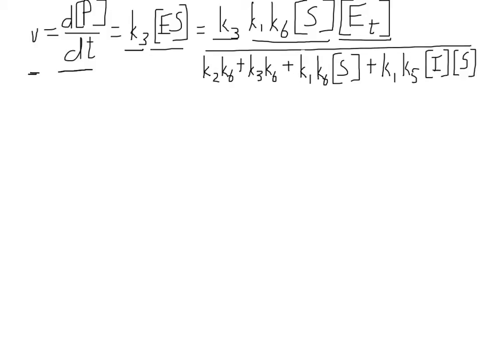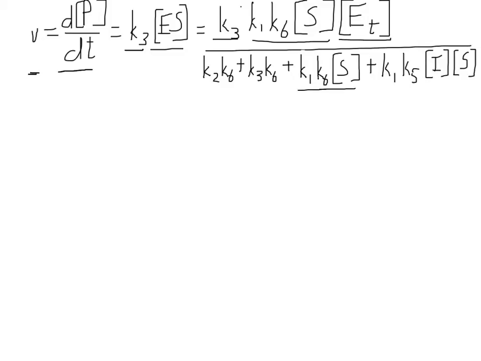Now what we want to do is simplify this equation, and we can't get S completely by itself, but what we can do is get the term that only contains S in the denominator by itself. In order to do that, we're going to multiply the numerator and the denominator by 1 over K6.